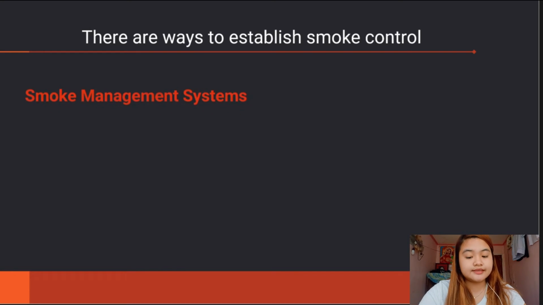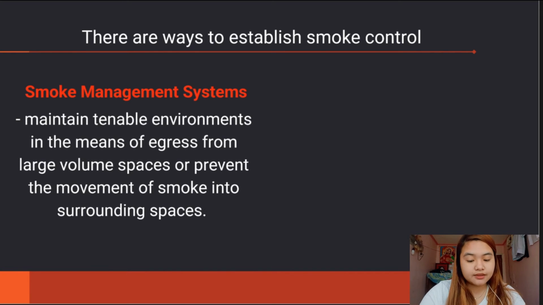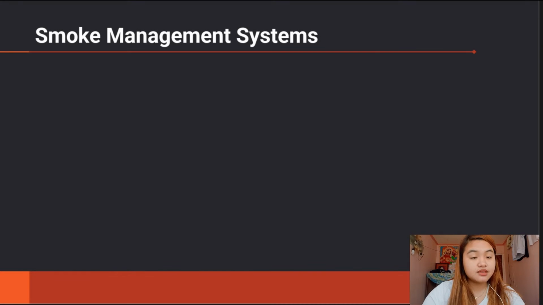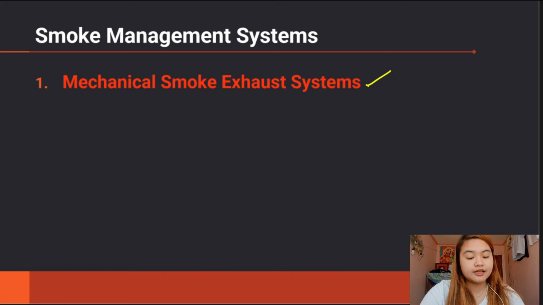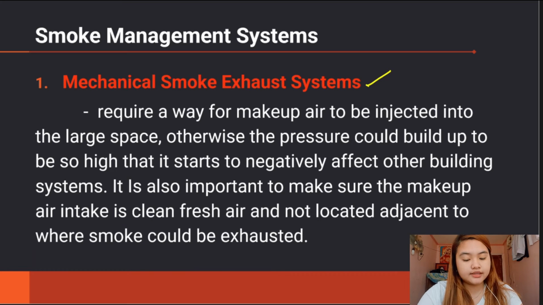The first one is the smoke management system, which maintains tenable environments in the means of egress from large volume spaces or prevents the movement of smoke into surrounding spaces. The first example is the mechanical smoke exhaust, which requires a way for make-up air to be injected into large spaces.